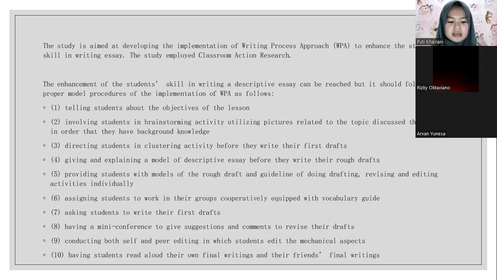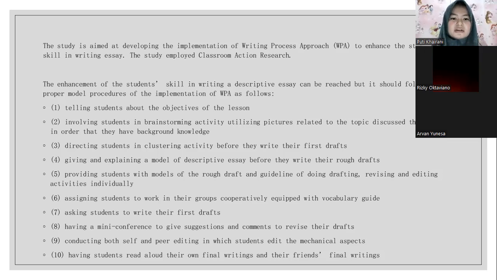The study employed classroom action research. The enhancement of students' skill in writing a descriptive essay can be achieved if they follow proper models. The procedure of the implementation of WPA is as follows.